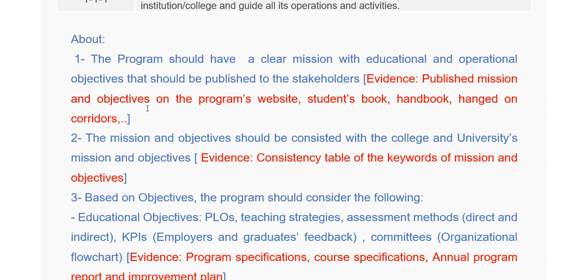That should be clear and published for all stakeholders. And of course, the main evidence should be published on your website. The website should be updated, and the mission and objectives everywhere, in the handbook or on the website or anywhere, should be the same and should be updated.